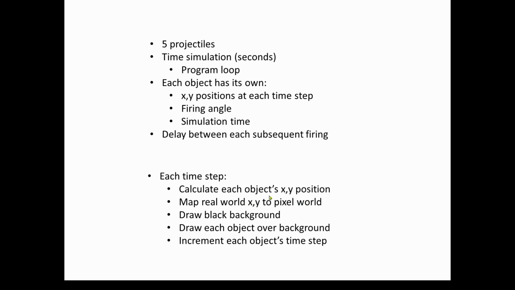So we're going to have to figure out, once we've calculated the positions, how do we map that to the visible window? So once we figure that out, we're going to draw the black background and then step through each object and draw it over the background, and then increment each object's time step, and then do it again and again and again, okay? So this is kind of the program flow we're going to need to develop to do this.